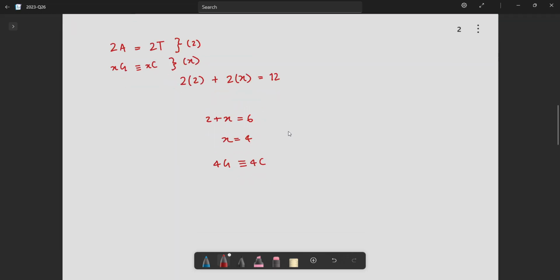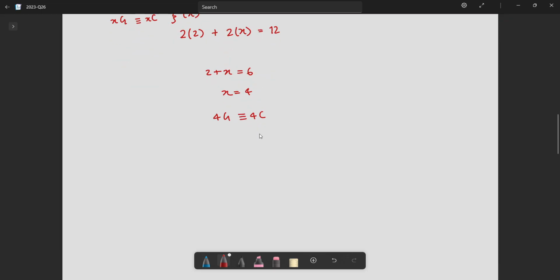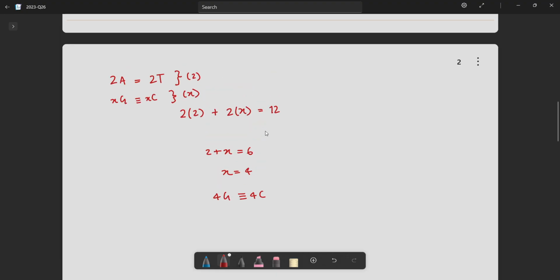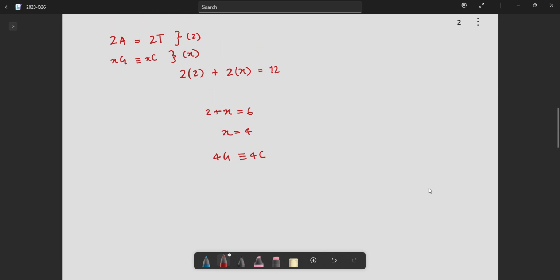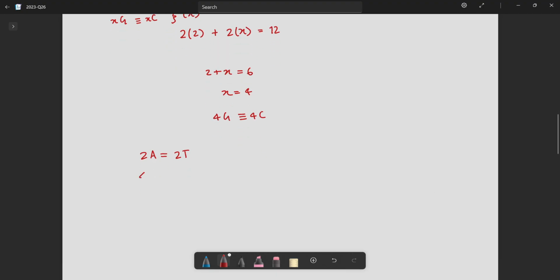Now we must also determine the total number of hydrogen bonds, which depends on the number of different bases. We have two adenines that base pair with two thymines with two hydrogen bonds, and four guanines that base pair with four cytosines with three hydrogen bonds.